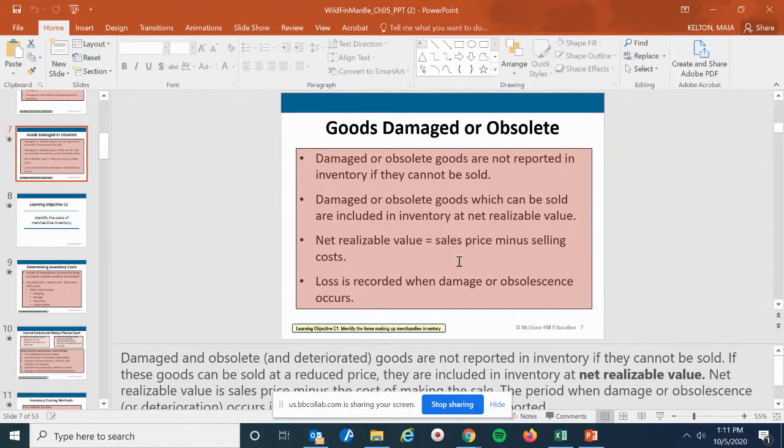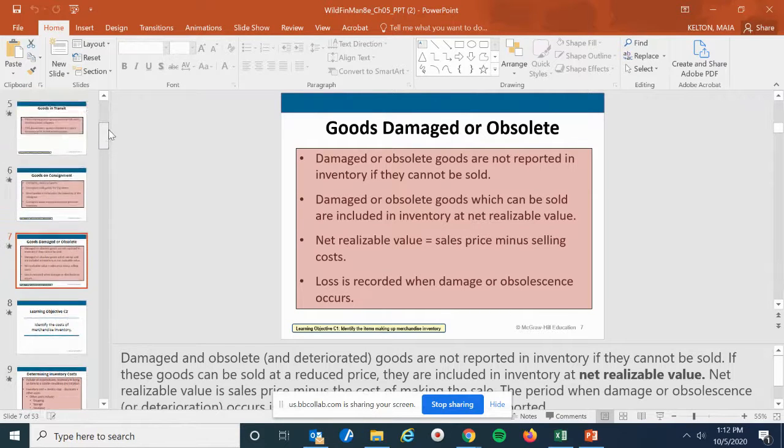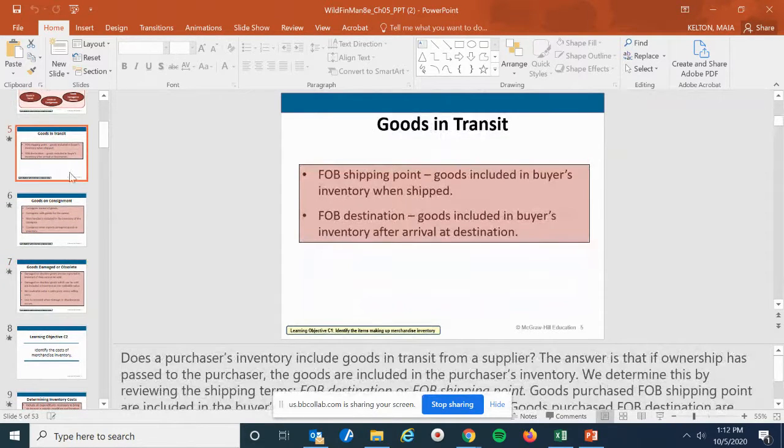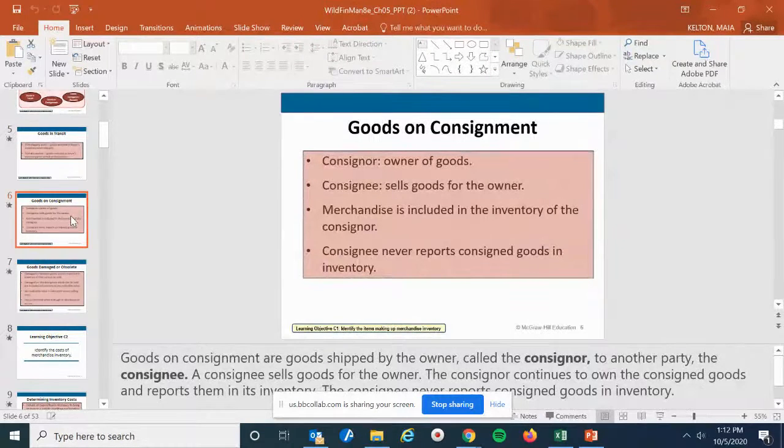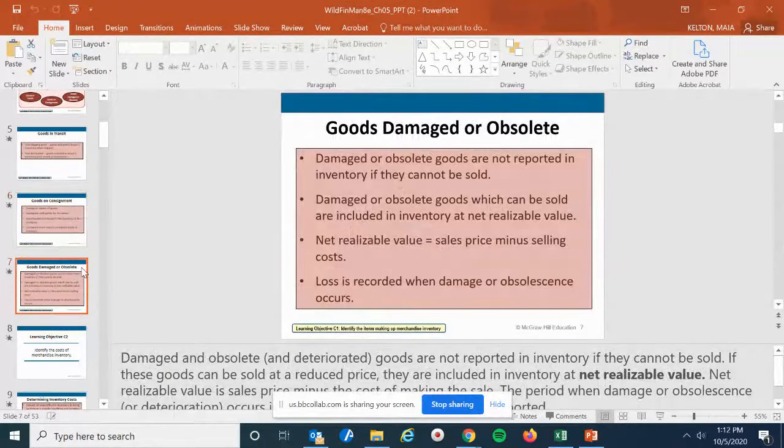That loss appears on the income statement and lowers the company's profitability. So out of these three items: goods in transit, slide 5, goods on consignment, slide 6, and damaged or obsolete goods.